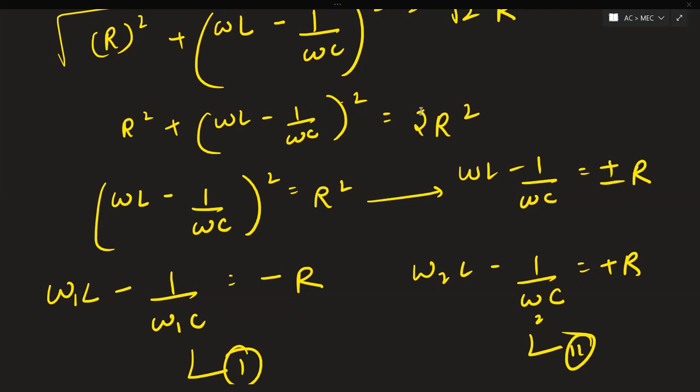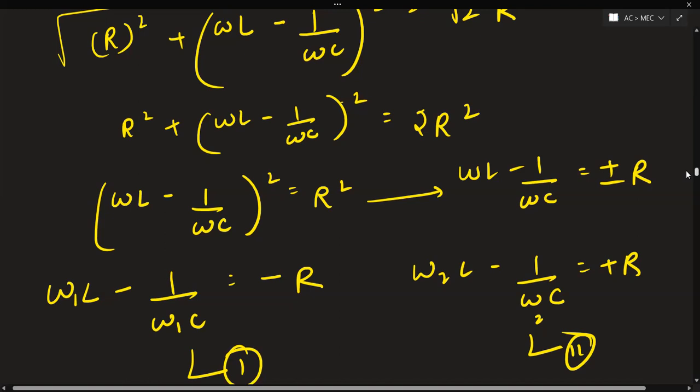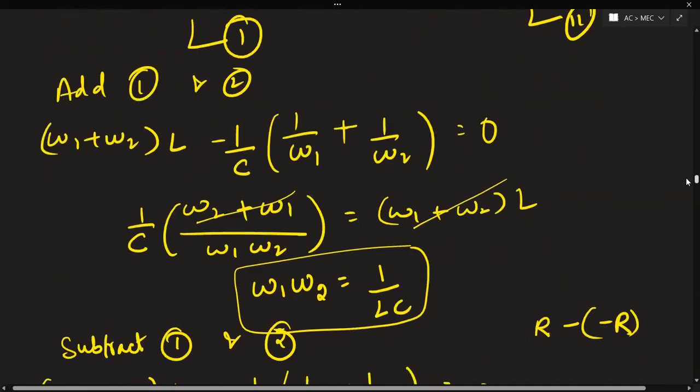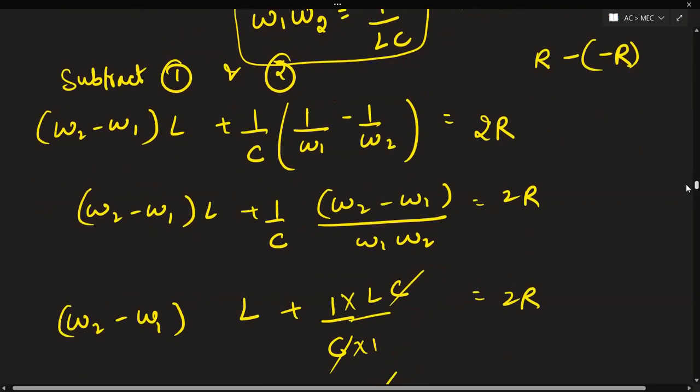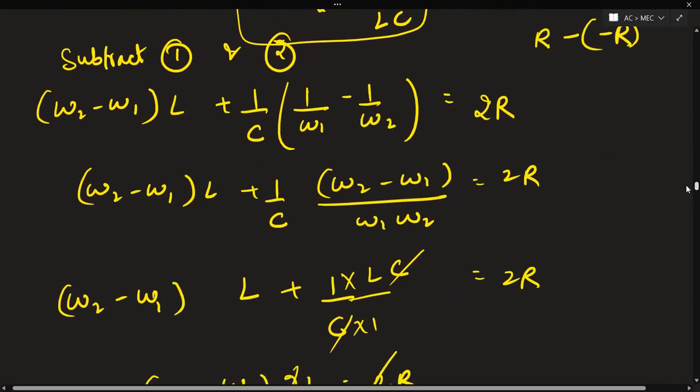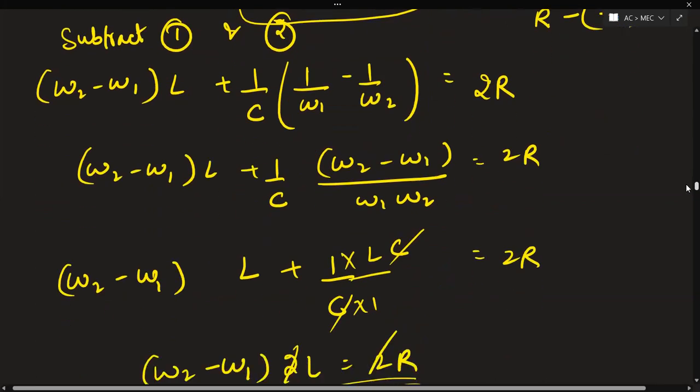So if these two equations are clear now, you just have to apply mathematics. Till here you had to apply all the physics you have studied from EMI, AC: that impedance is equal to resistance and the formula of impedance. Now, if you add these two equations, you get the value of omega 1 into omega 2 as 1 by LC. Why did we do it? Because when we subtracted to get the value of omega 2 minus omega 1, we had to obtain the value of omega 1 into omega 2.